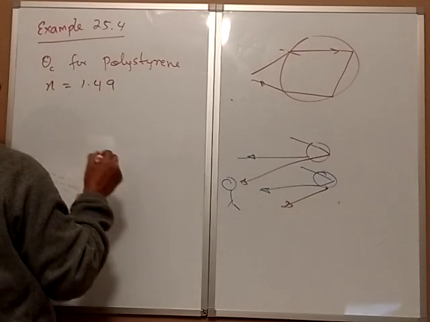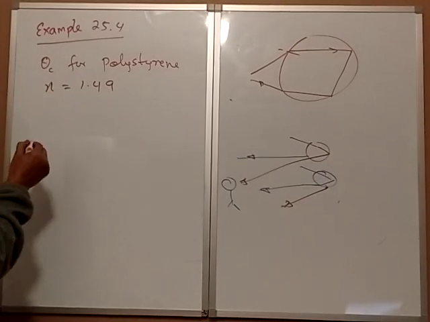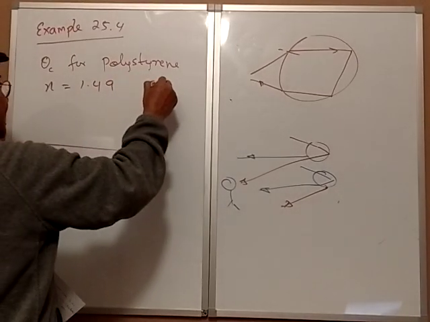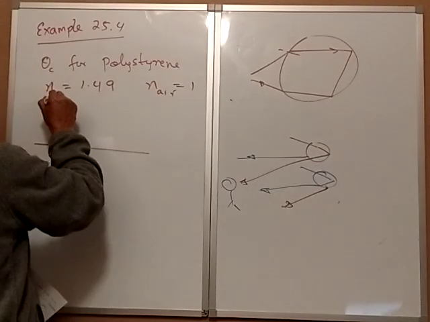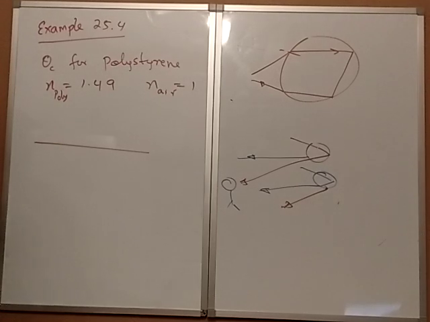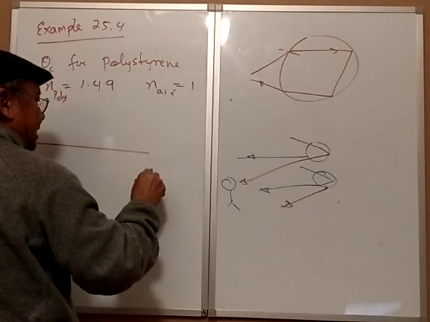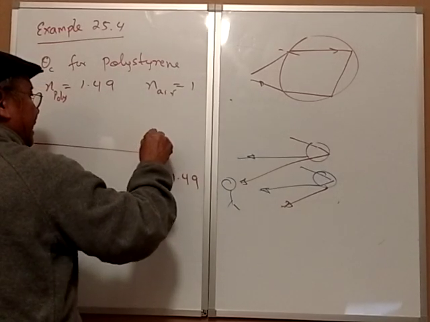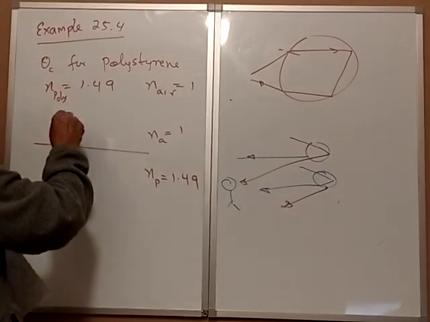What does that mean? It means we have polystyrene and air. Air is 1. Polystyrene is 1.49, so NP is equal to 1.49, and air is equal to 1. And you want to find the critical angle.